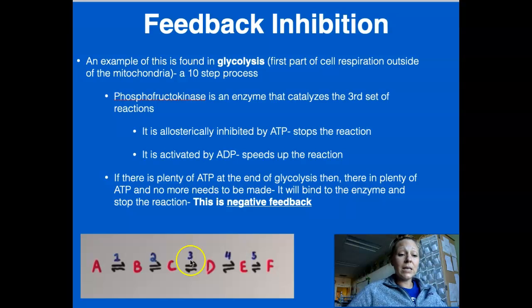This is feedback inhibition, when the products of a cellular pathway are going to inhibit the production of the end result of the pathway. So I hope this helps, and I hope you have a great day.